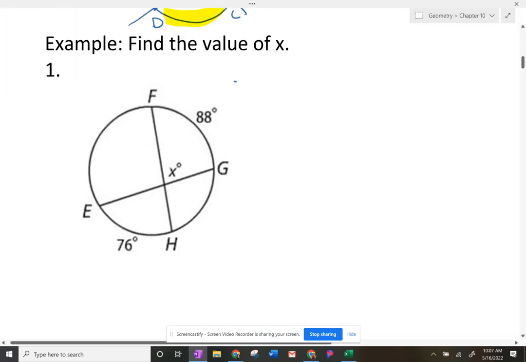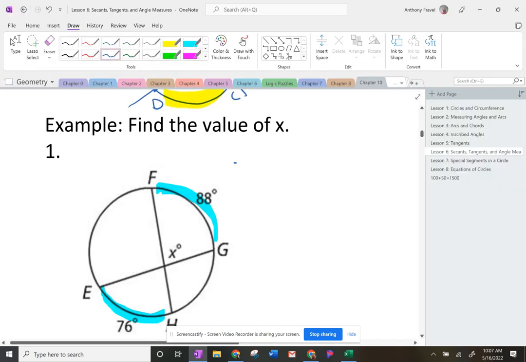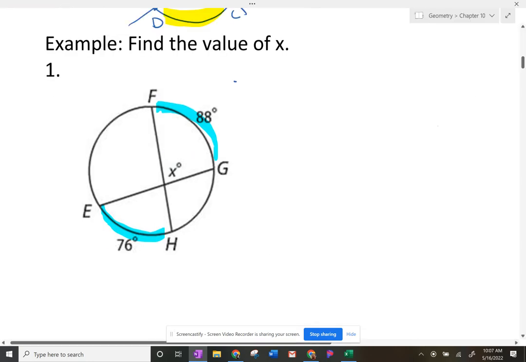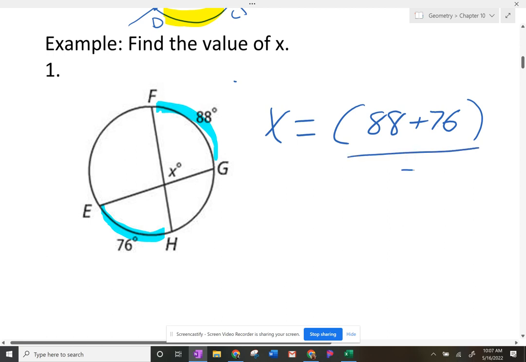So looking at this circle, I'm going to look for this arc up here and this one down here. So to find that angle x, I'm going to add 88 plus 76, and then I'll divide that whole thing by 2 or multiply it by 1/2. Either way, it's going to get you the same thing.